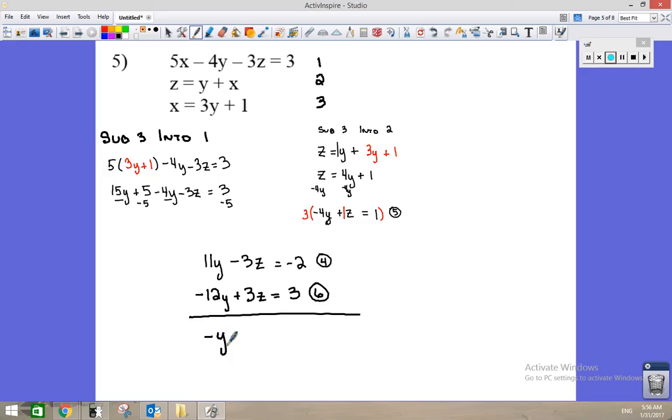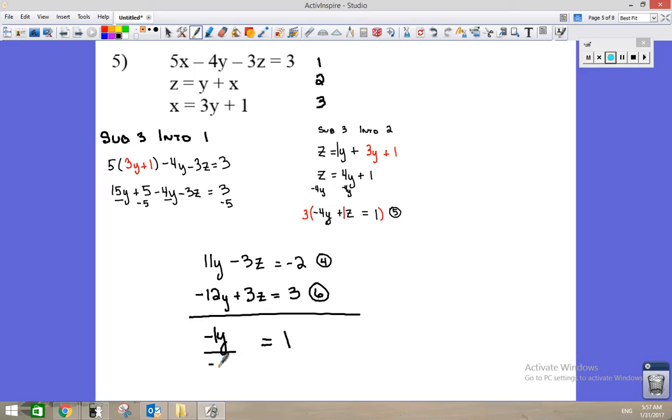I've got negative 12y plus 11y is a negative 1y. The positive 3z and negative 3z cancel. That just gives me a 0, and I don't have to write 0 there. And negative 2 plus 3 is just 1.